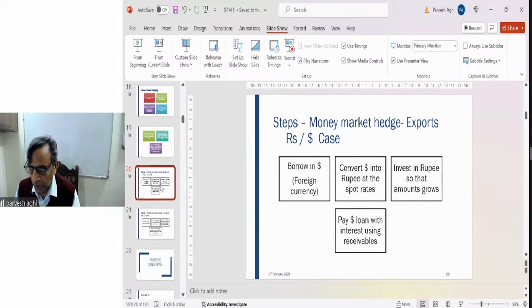Whatever money you receive from your customer abroad in dollars, your loan will get paid out of it. The money will come to India because you convert those dollars into rupees and bring that money home, and that amount will grow. This is what we do if you are an exporter.